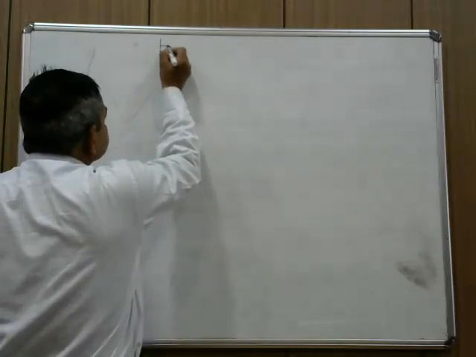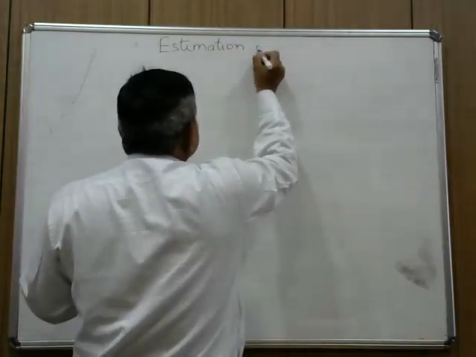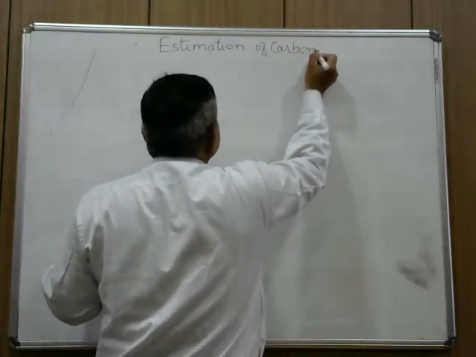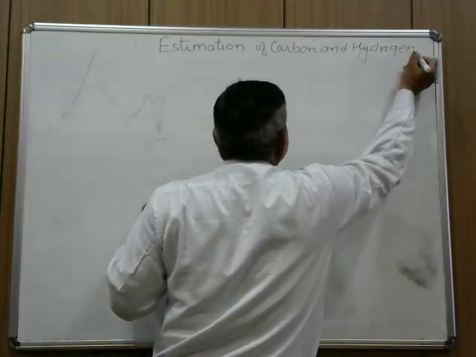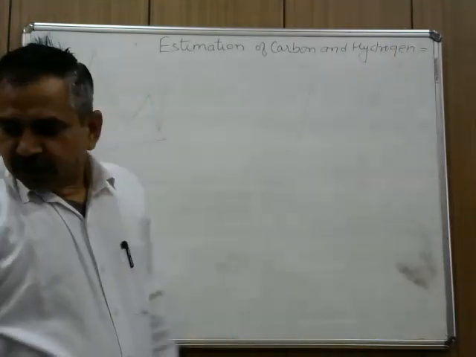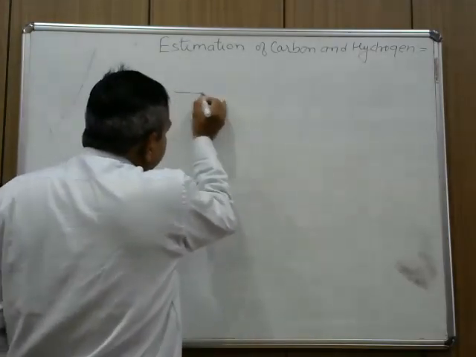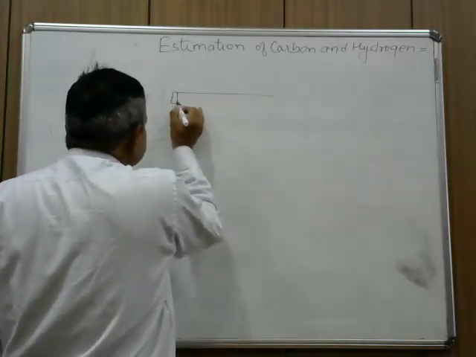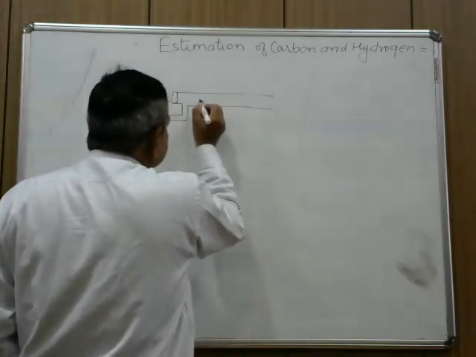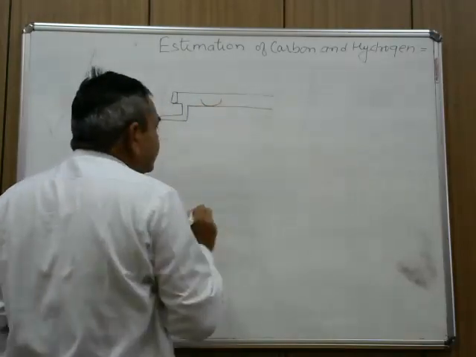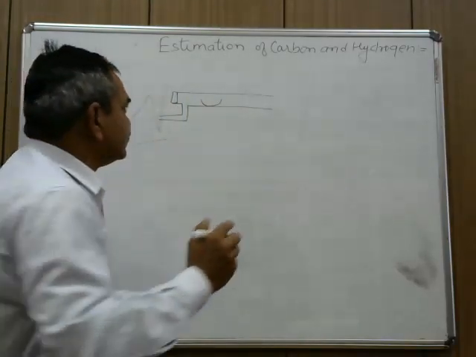Estimation of carbon and hydrogen. For the estimation of carbon and hydrogen, a tube is taken which is closed at one end, and from the other end oxygen is passed, and in this a known amount of organic compound is taken.